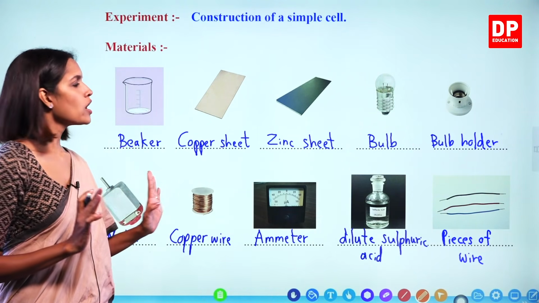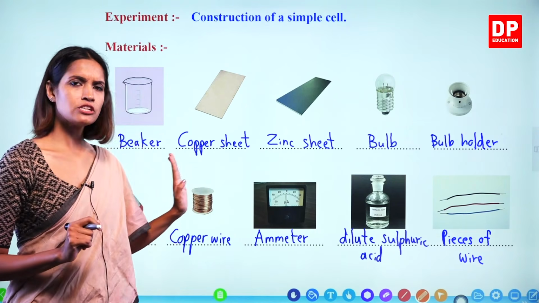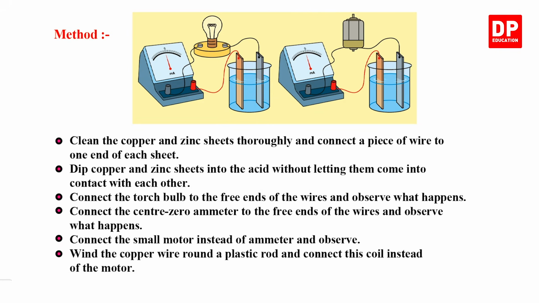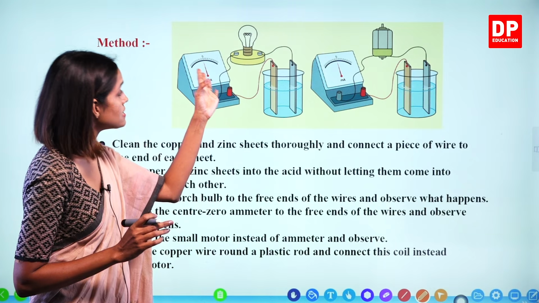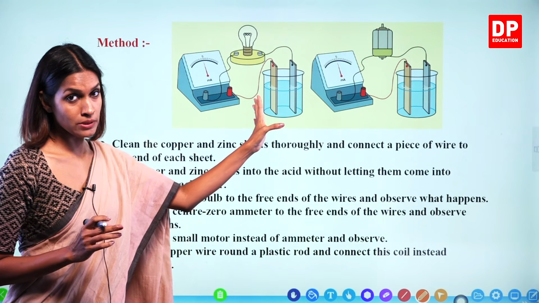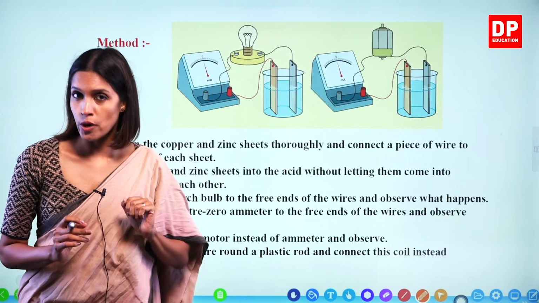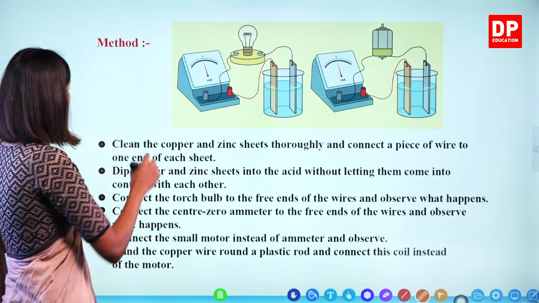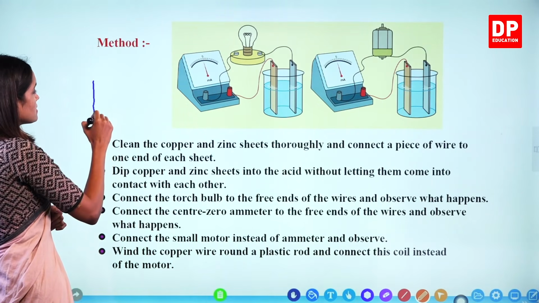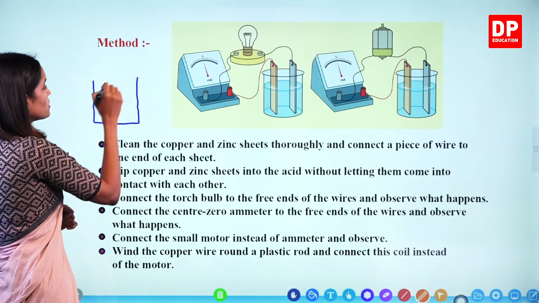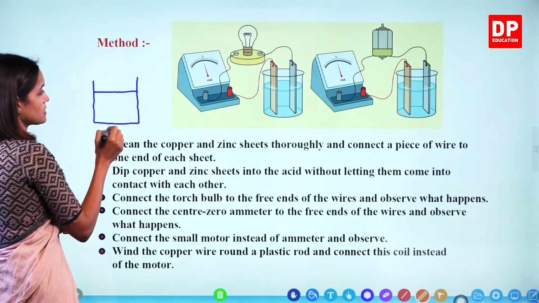Understand, children? So how to do this activity? We will see in the method. Right. Look at this one. Look at the experiment. We have to construct a simple cell using dilute sulfuric acid in the beaker, with a copper sheet and zinc sheet connected to wires. This is the simple cell.